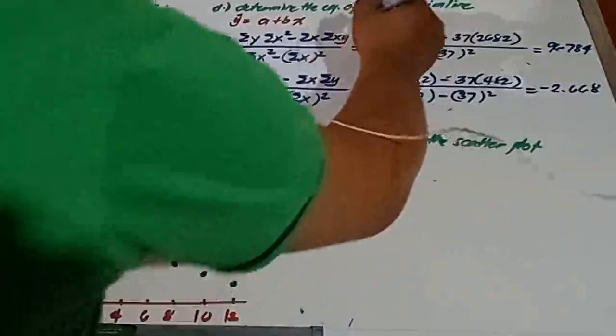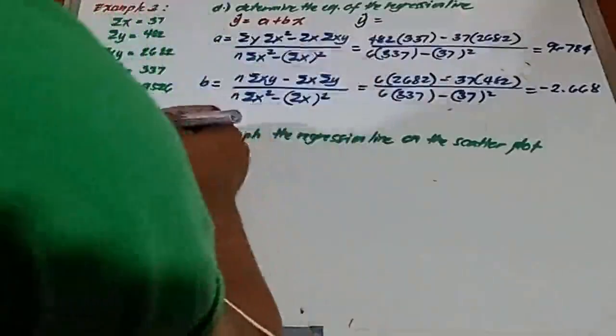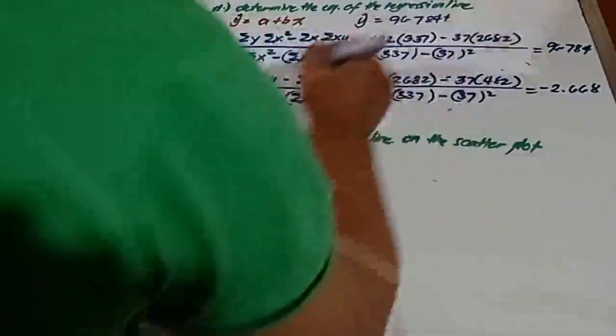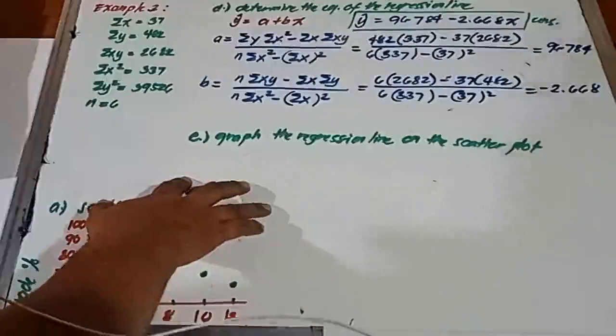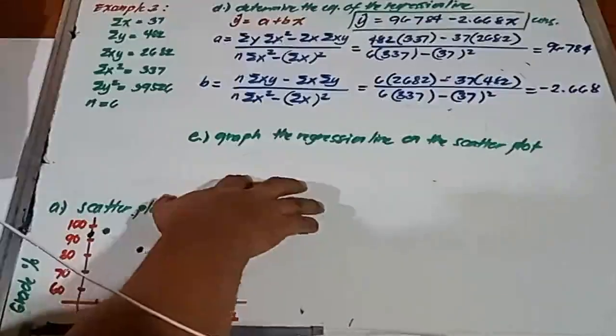Therefore, ang ating regression equation o equation of the regression line is y hat equals a is 96.784 minus 2.668x.